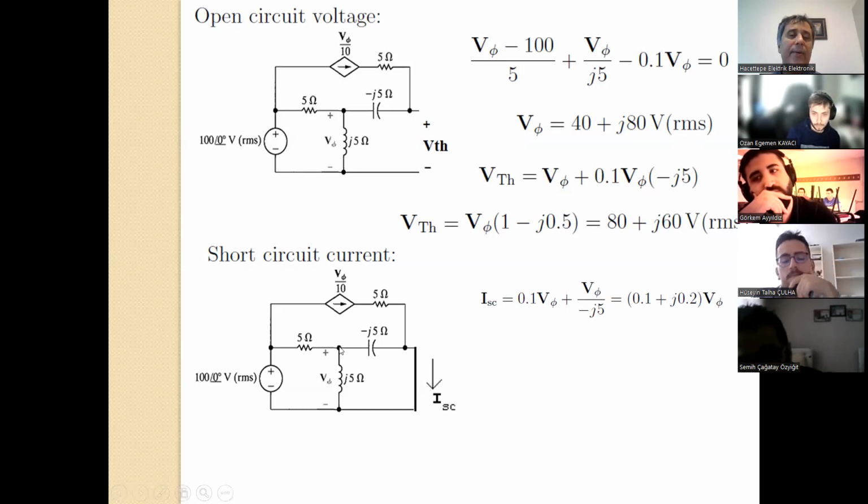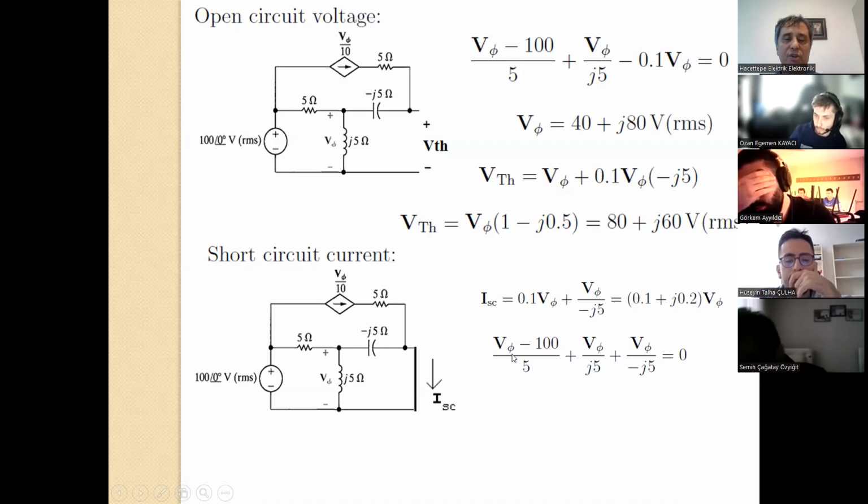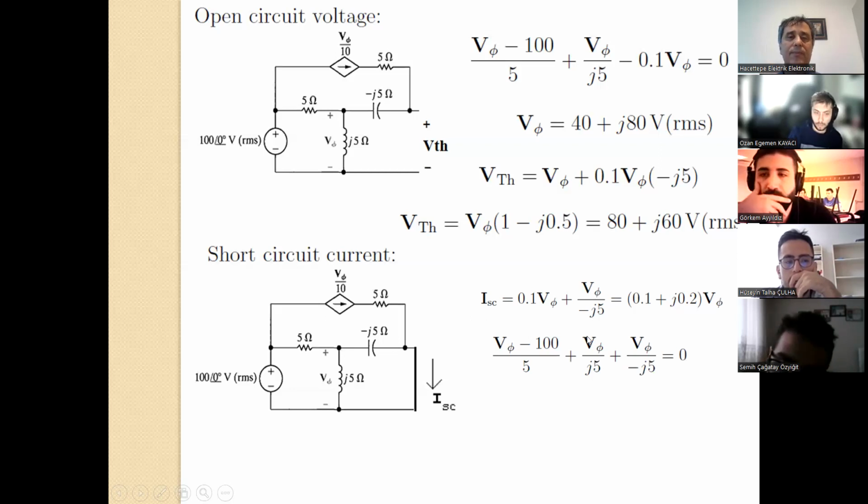V5 is the node at the middle, node voltage at the middle again. Writing the node voltage, V5 minus 100, you have to write it again because the circuit is drastically different. V5 over J5 and V5 over minus J5, because the last node is also grounded now.